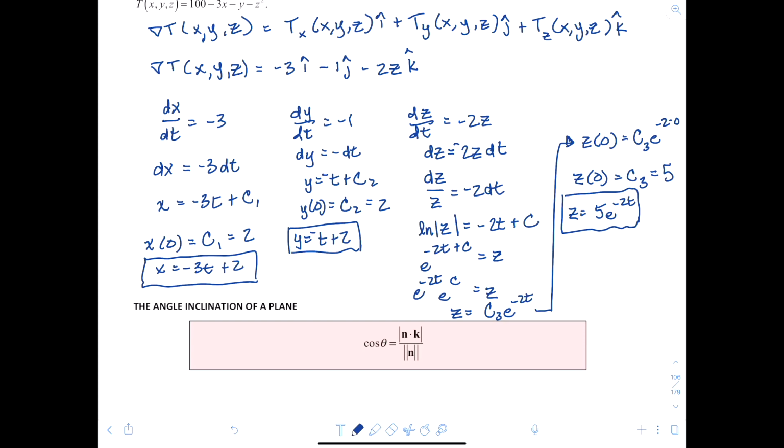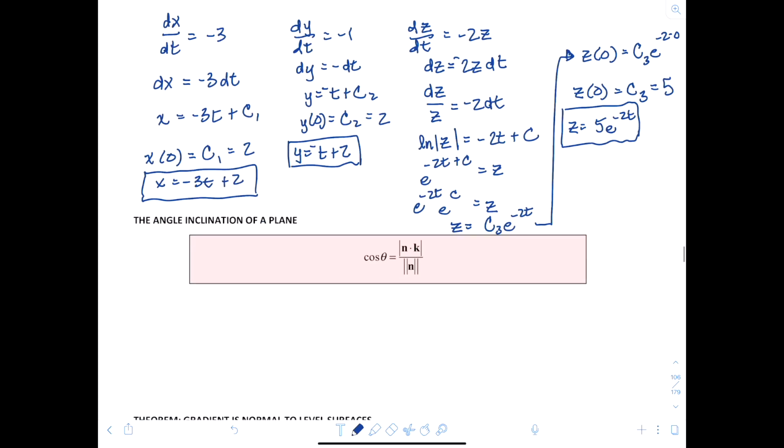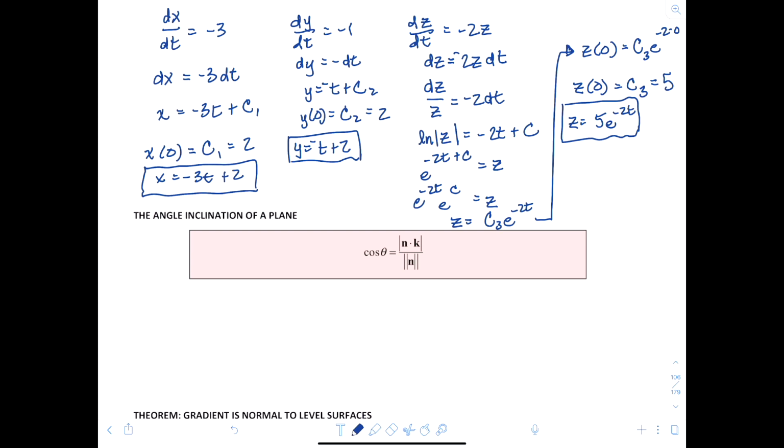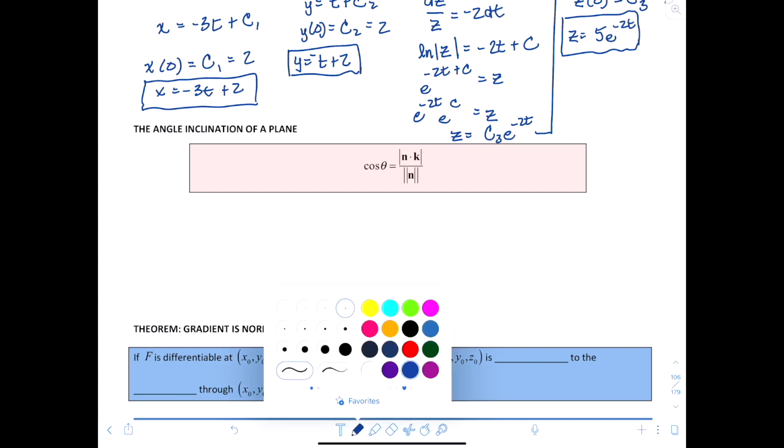Okay, so the angle of inclination of a plane. Here you've got sort of a visual going on, or to get a visual going on, this is kind of what we'll have.